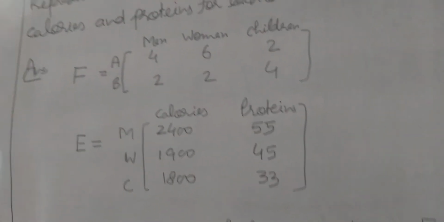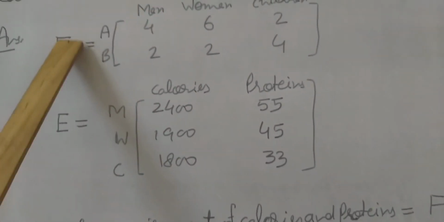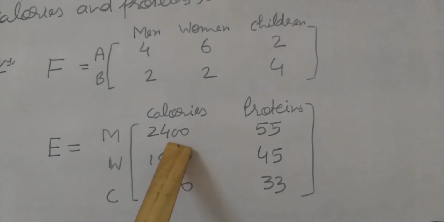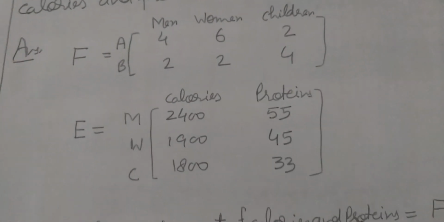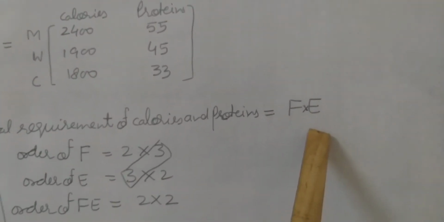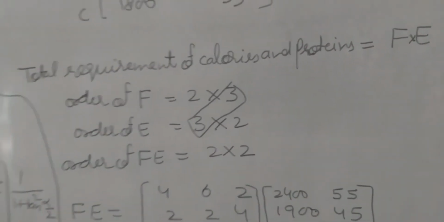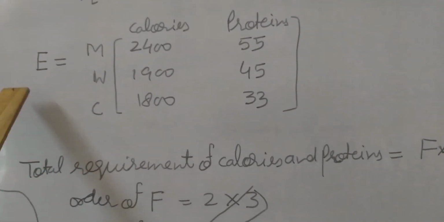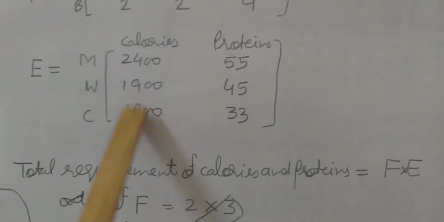Now to get the total requirement for calories and protein, we have to multiply these two, because this is for one man, so for 4 men it will be more. That's why we have to multiply. So requirement of calories and protein equals F into E. So for multiplication student, you know, first we have to check the order of F. You can see 2 by 3, and order of E equals, students, 3 rows and 2 columns.